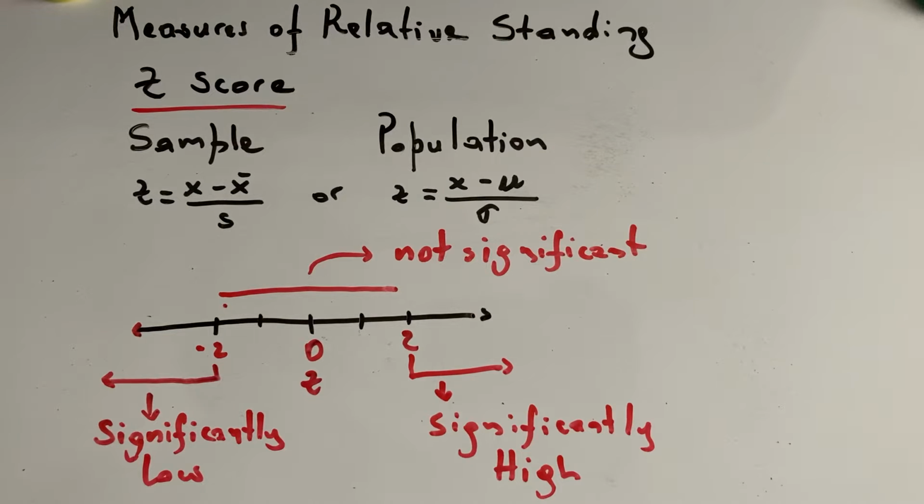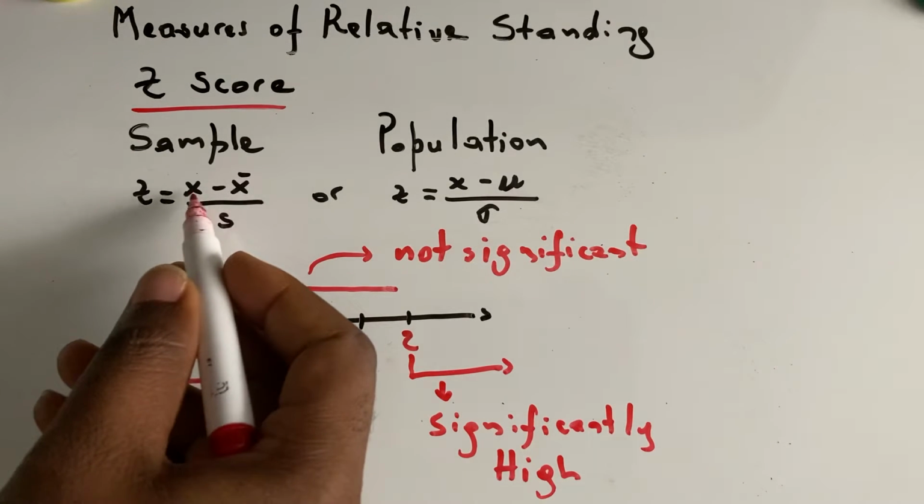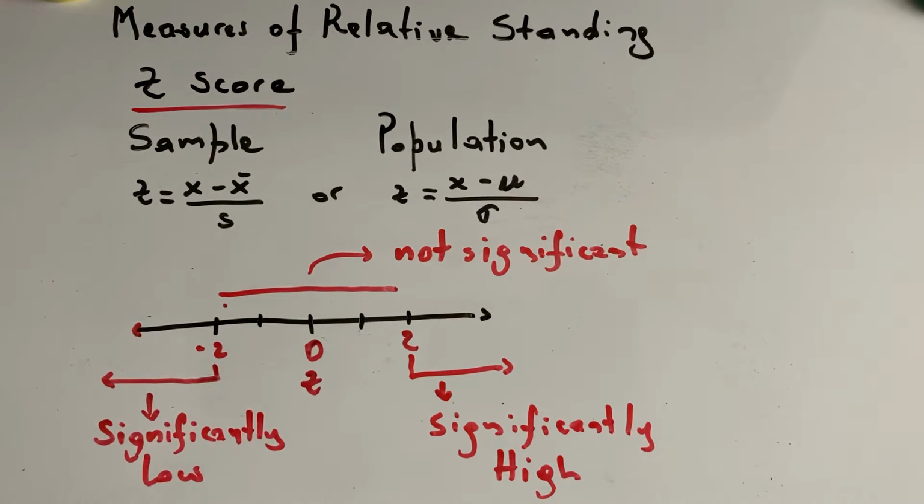The z-score is actually the number of standard deviations that a given value x is above or below the mean. Now, what does that mean? If you remember one of my previous examples, I talked about student scores from a test. Let's say you have the mean of the scores, and the mean was 50.